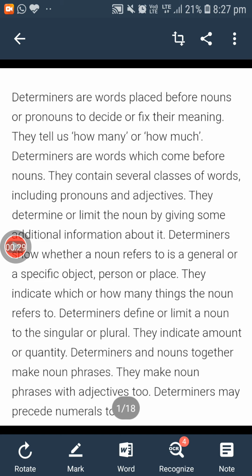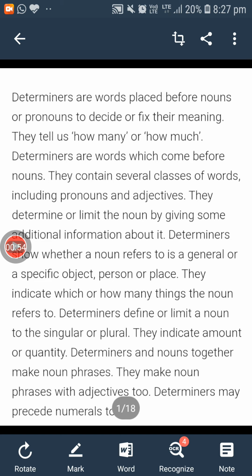Most of you are thinking it's a waste of time. But telling you the truth, this is one of the most important topics of grammar, and it actually gives you an idea about different categories that are very important in the English language. So let's start the topic.